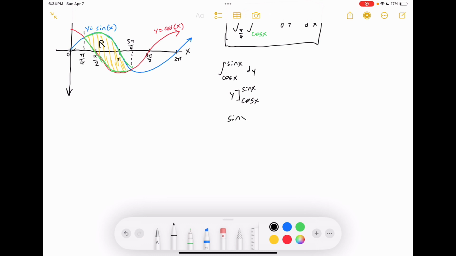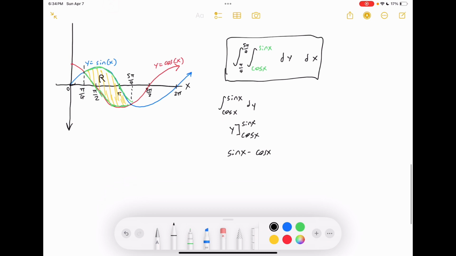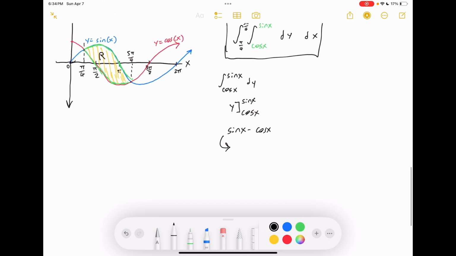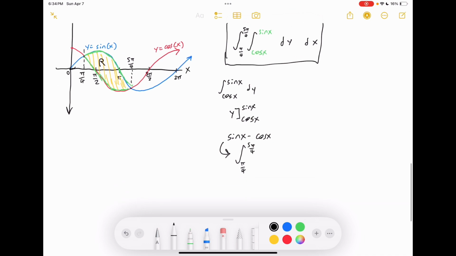In other words, sine x minus cosine x is that function. And now, for the second integral, you're going to grab this and plug it into this. You have pi over 4, 5 pi over 4, and you're going to evaluate sine x minus cosine x.